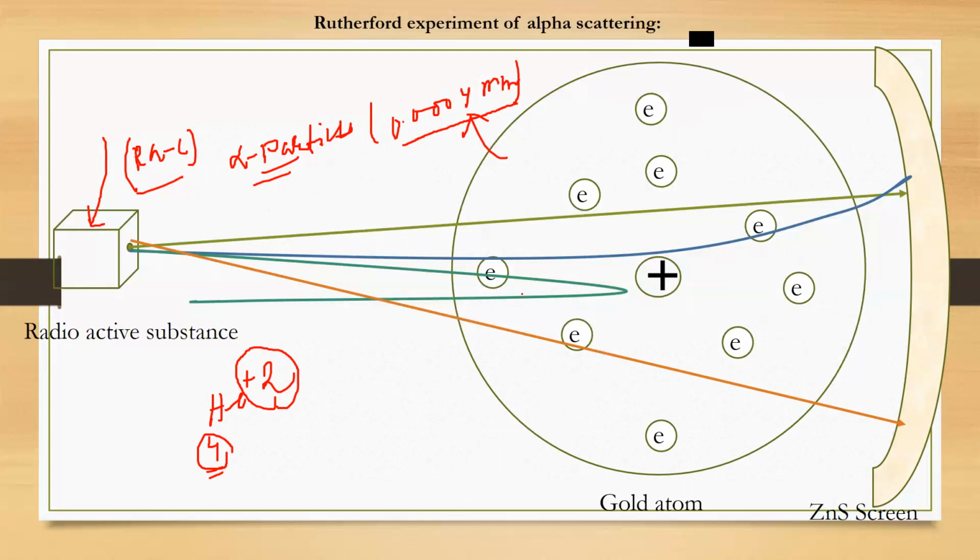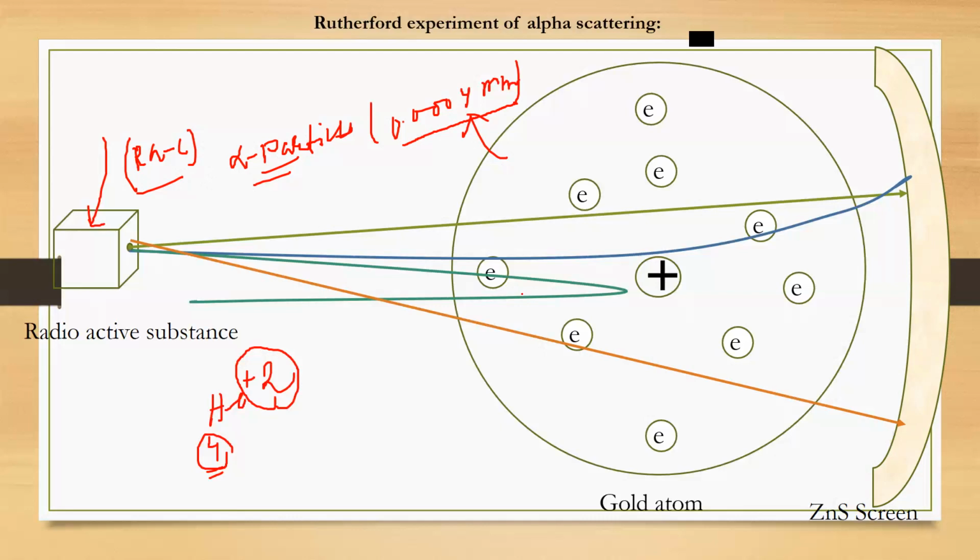First, he observed that a major fraction of alpha particles bombarded at the gold sheet passes through it without any deflection, and he decided that most of the space of the atom is empty.